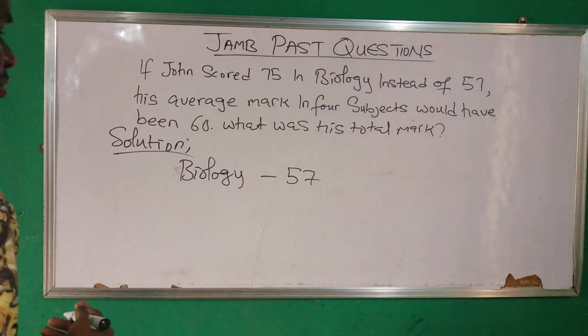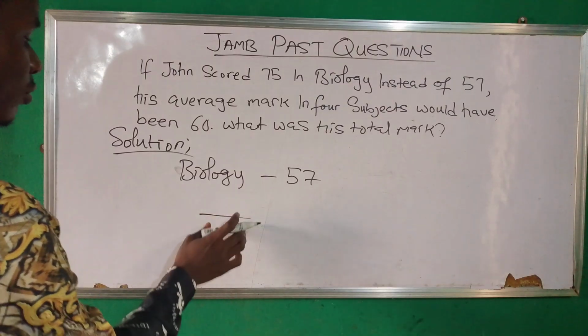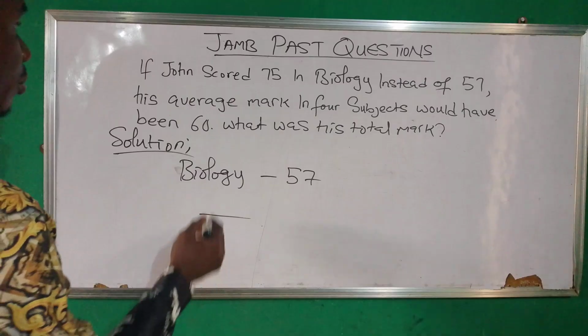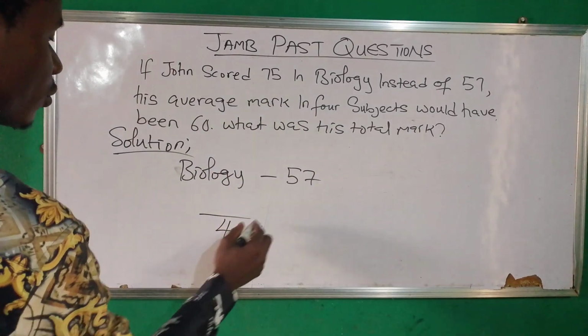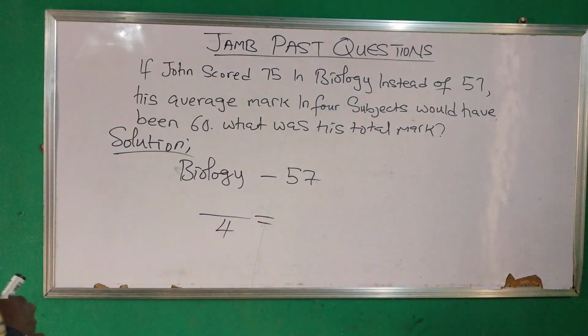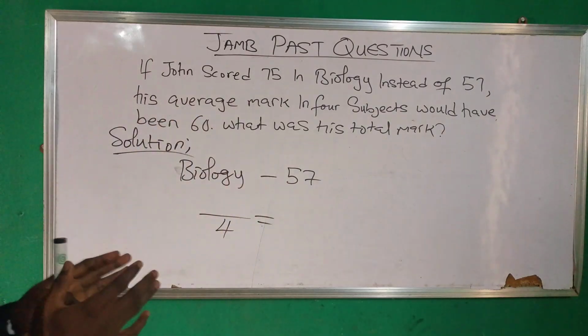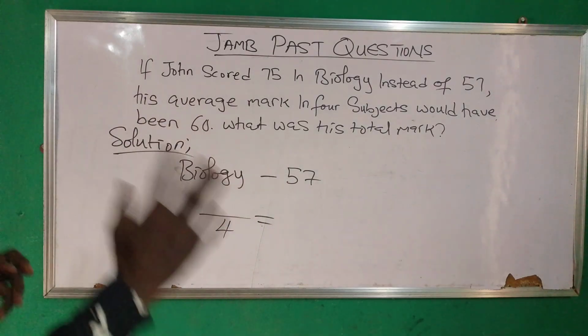Now, how do we write average? Average is total over the frequency, the number. The number here is 4. Alright? Then what's the total? What we know is just 1 subject. We don't know about the 3 subjects.